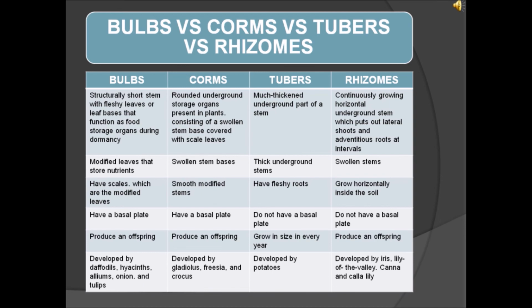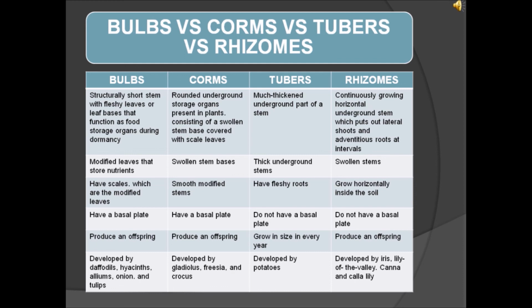Bulbs have scales which are the modified leaves. Corms: smooth modified stems. Tubers have fleshy roots. Rhizomes grow horizontally inside the soil.